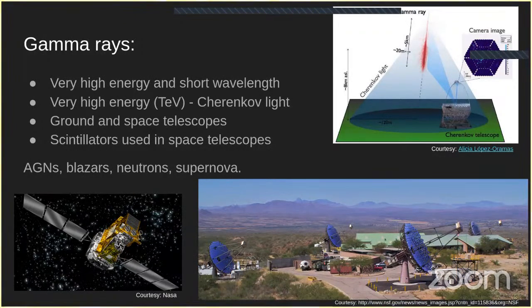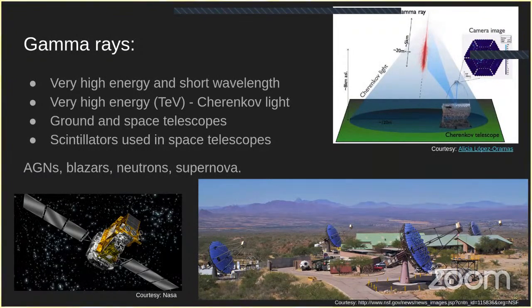Coming to the space telescope, there is one space telescope that does gamma ray observations. Because of space constraints, they cannot have a telescope which is 100 meters wide. So what they do is they use something called scintillators.